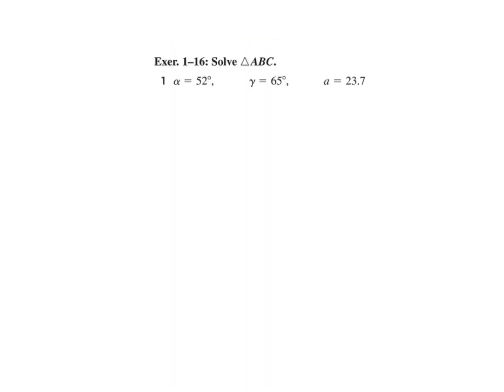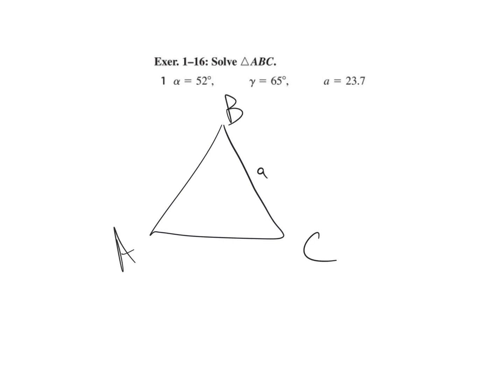So let's draw a triangle, and so we're just going to draw a generic triangle. We could draw it to scale, but let's just draw a generic triangle. So A, B, C, a little b, and little c. And little a is 23.7, and alpha here is 52 degrees, okay, and lambda goes with c, so that's 65 degrees here.